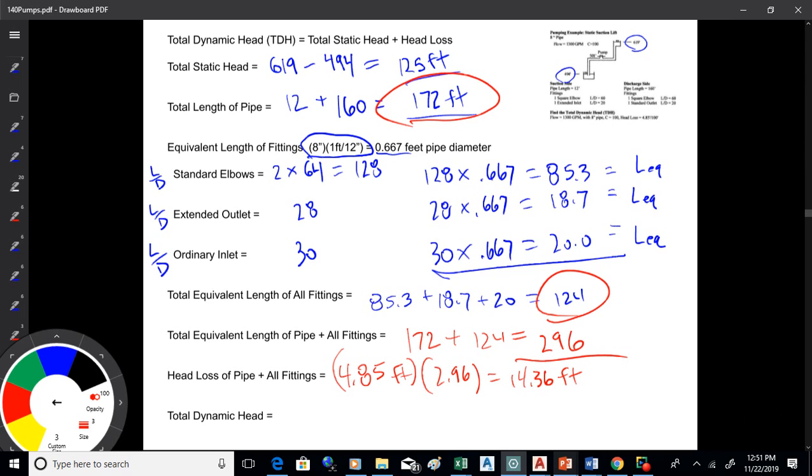It's caused by the length of the pipe and also by the fittings. So to get what we call the TDH, total dynamic head, we're lifting the water 125 feet, but we also have to overcome the 14.36 feet of resistance from the pipe. Add those together, you get 139.36. So that's what that pump's going to have to do, is overcome all that.